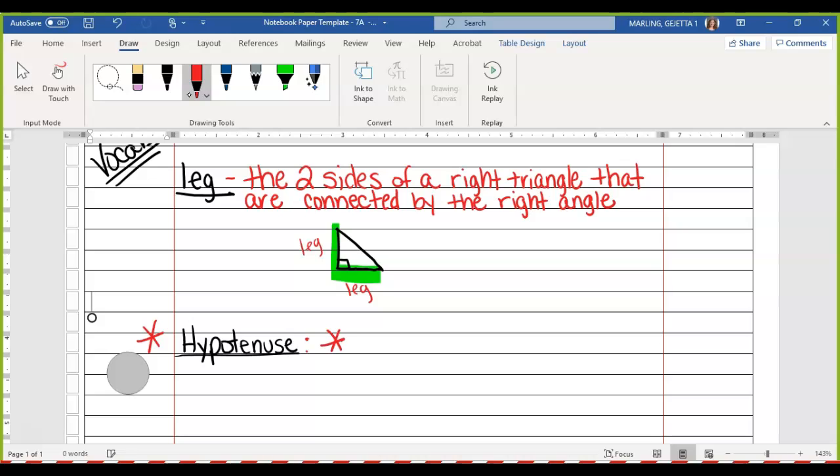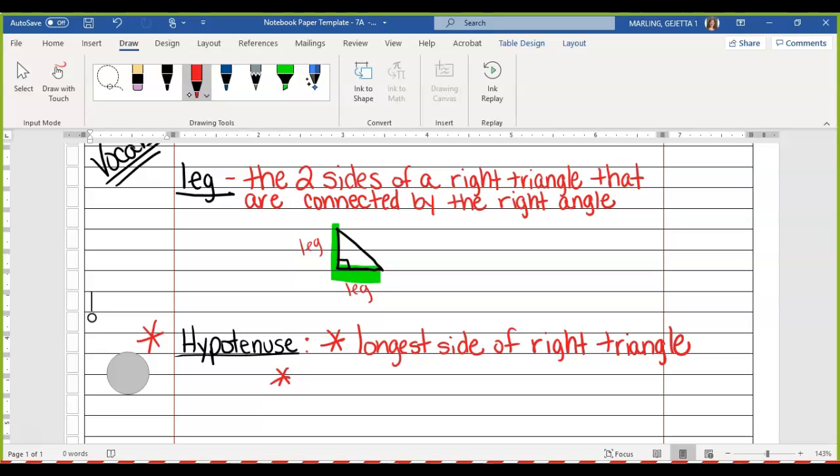The first thing, super important: it is always the longest side of a right triangle. The second super important thing we need to know is where it is located.